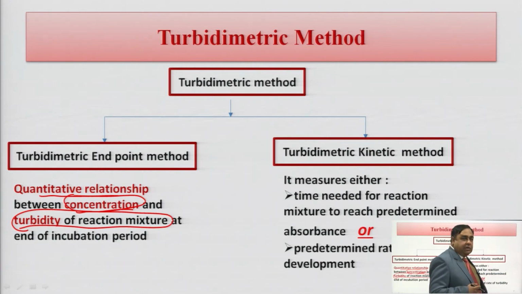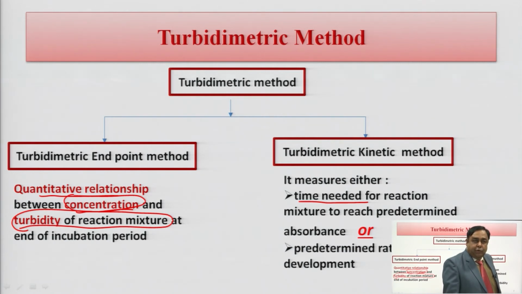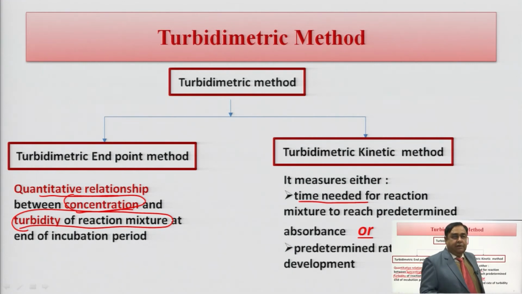The next method is the turbidimetric kinetic method. It measures the time needed for the reaction mixture to reach a predetermined, pre-specified value of absorbance. In the case of the turbidimetric kinetic method, we are measuring the time needed for the reaction mixture to reach a specified or predetermined value of absorbance.